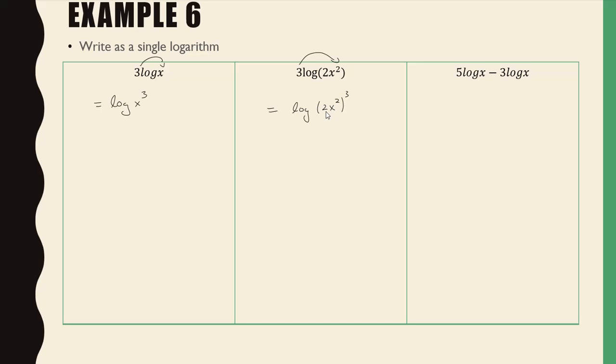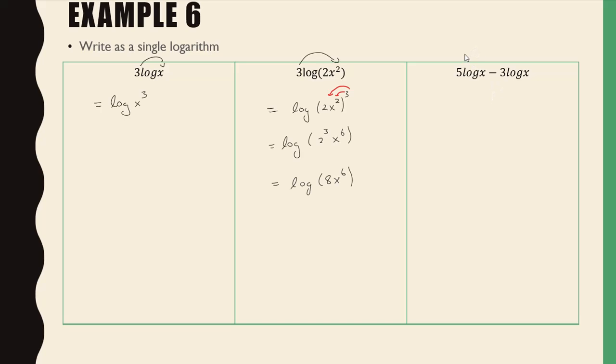Now, because this is multiplication inside of here, we could actually distribute that 3. So then, this is an exponent 1, so 1 times 3, so 2 cubed. And then 2 times 3 is 6. Now 2 cubed is actually 8, so then we get log 8x to the power of 6.